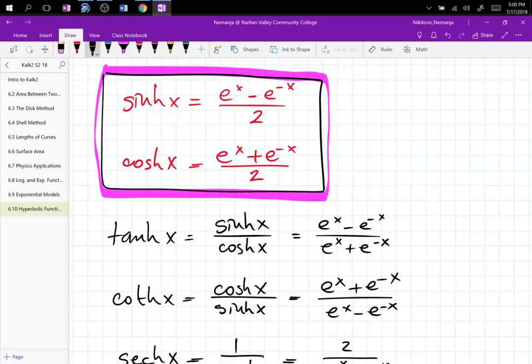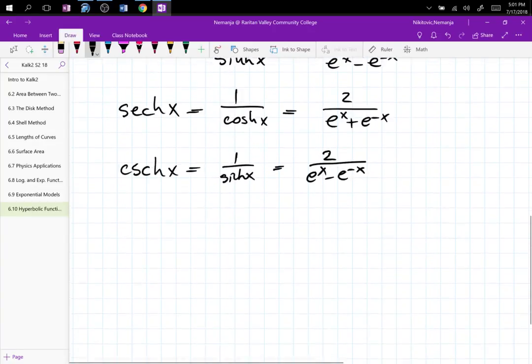If I need to compute a hyperbolic function, let's say tangent of 3, your input 3 is not an angle, 3 radians or 3 degrees. Your input 3 is the same 3 that is input for x squared, right? Because you are actually placing that 3 for these x's in exponential functions, and then using those to compute.